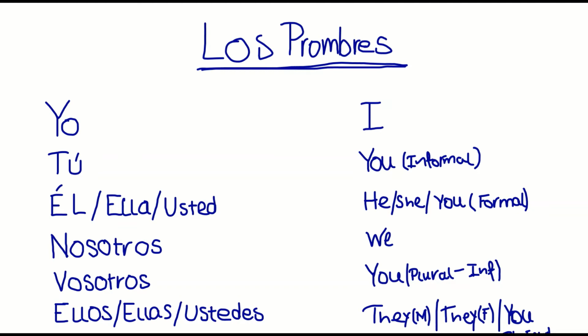So there are AR ending verbs, ER ending verbs, and IR ending verbs. Now these three types of verbs have another subcategory, you can say. So you'll have regular verbs under AR ending verbs, some regular verbs under ER ending verbs, and you will also have regular verbs under IR ending verbs.